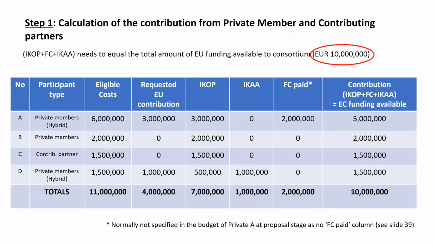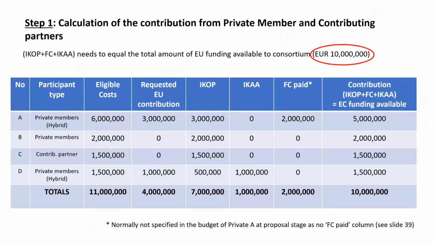So the first step would be to calculate the contribution from the different private members and contributing partners in your proposal. You know that you will need to reach 10 million, more or less, with the total IKOP plus financial contribution plus IKAA. And so this is what you could get.